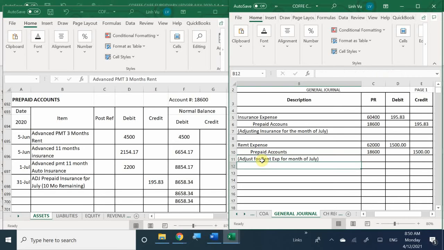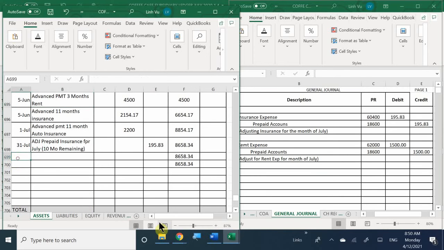Okay? So now let's go ahead and update our general ledger. Okay, so here I'm already at a prepaid account, so I'm just going to go ahead and plug this number in here.